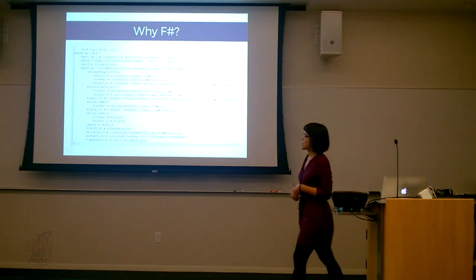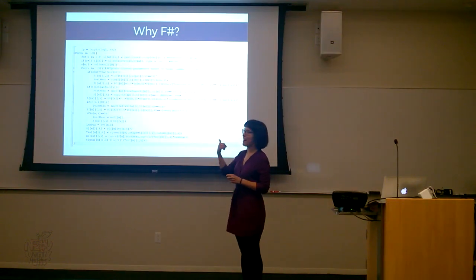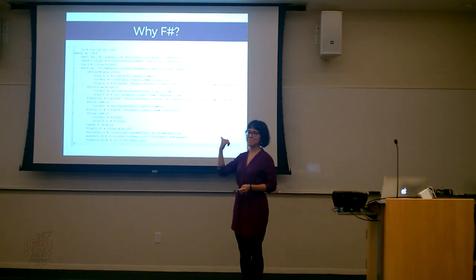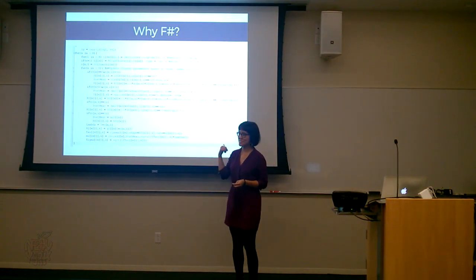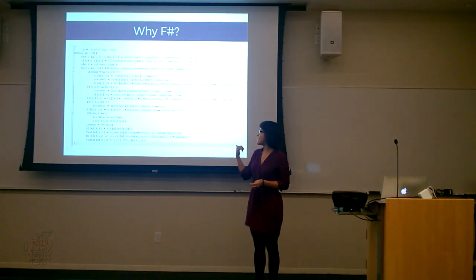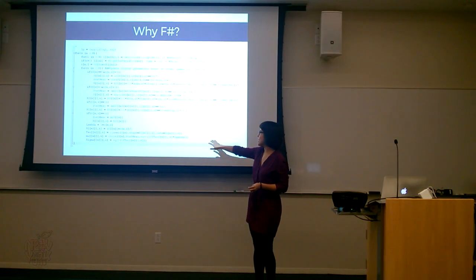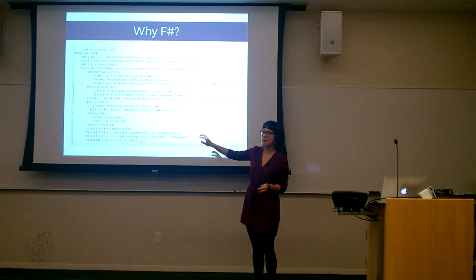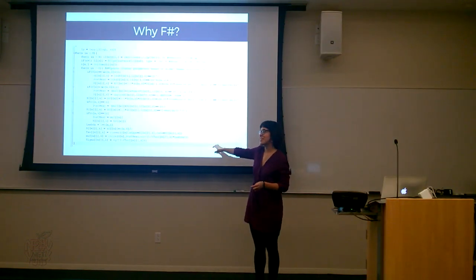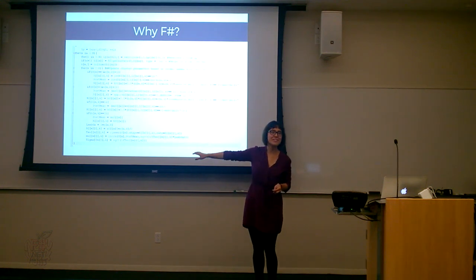this is something I was working with today. This is a code in R that I had to modify. It's not my code, it's someone else's. And when you look at something like this, you have absolutely no idea which variable is a matrix, which variable is a list, which variable is a vector, which is just a value.